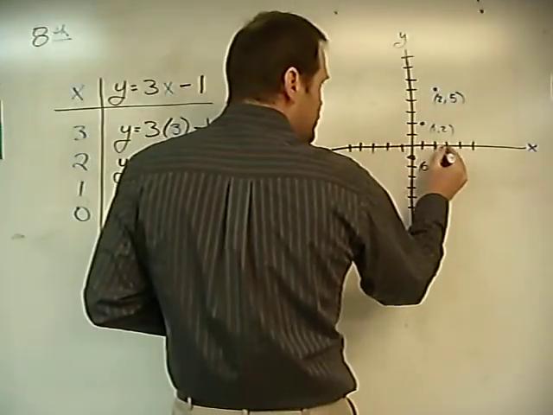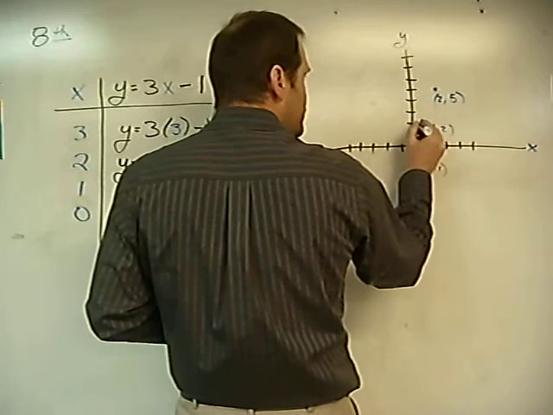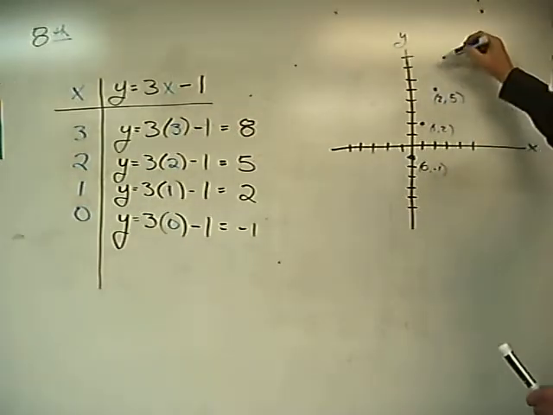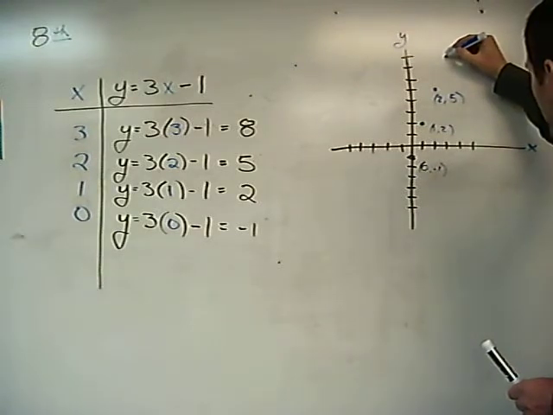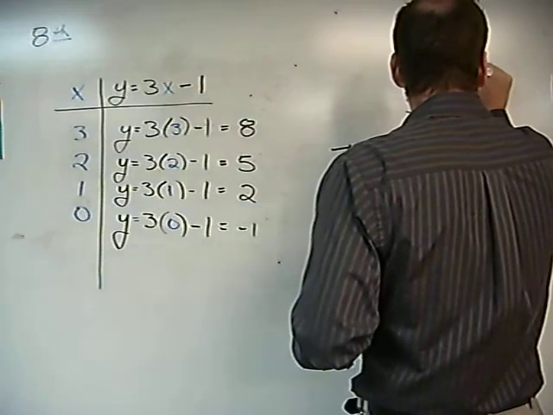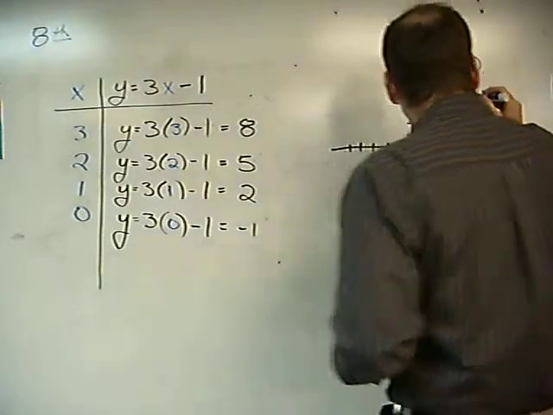Over 3, 1, 2, 3, up 8. 1, 2, 3, 4, 5, 6, 7, 8. So, looking at that, I am going to have some little point that's hopefully going to be right there. I'm going to have 3, and I'm going to have 8.